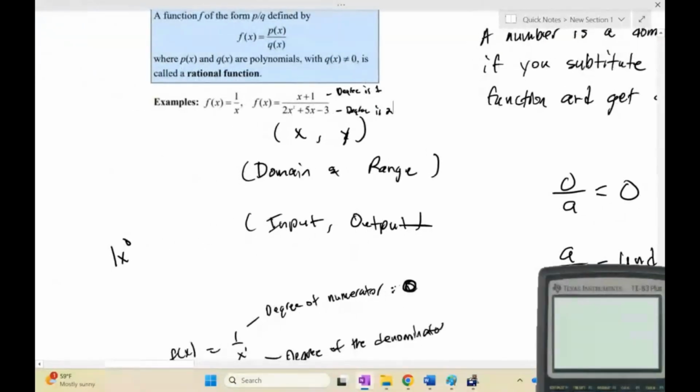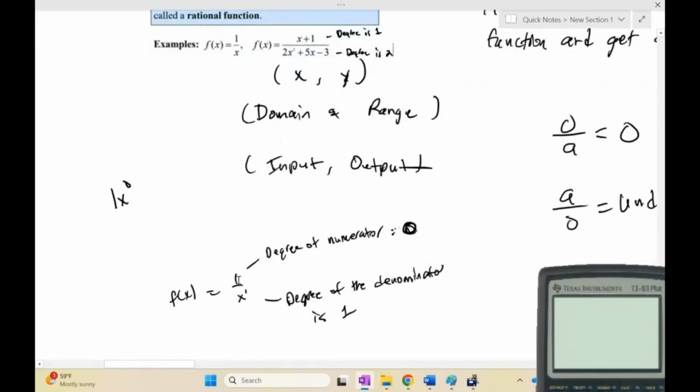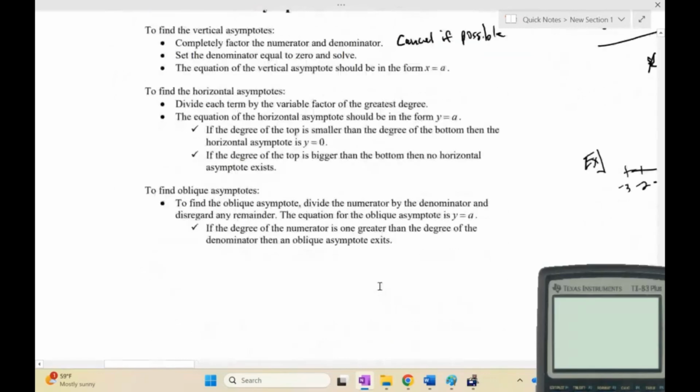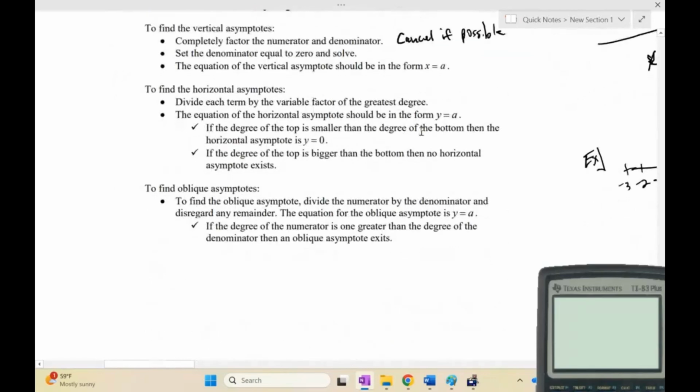So that's what they mean when they talk about the degree stuff. It's just the largest power on the variable. And if you don't have a variable, only a constant, the degree is 0. All right, so that's the first checkpoint. The second one says if the degree of the top is bigger than the degree of the bottom, then there is no horizontal asymptote.